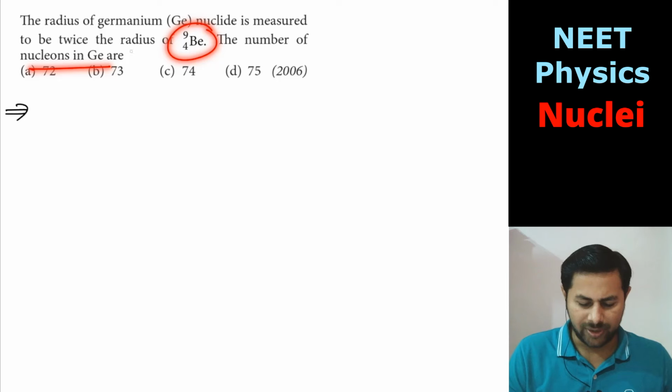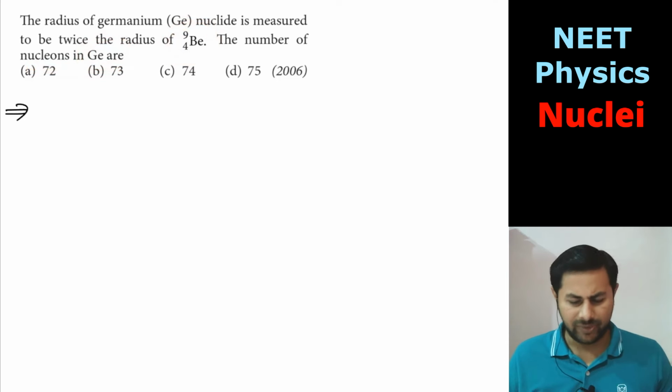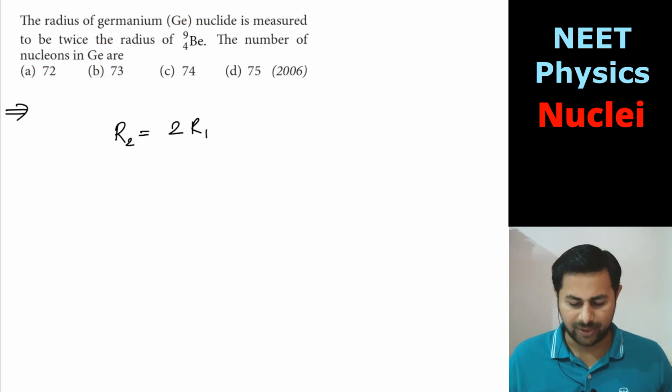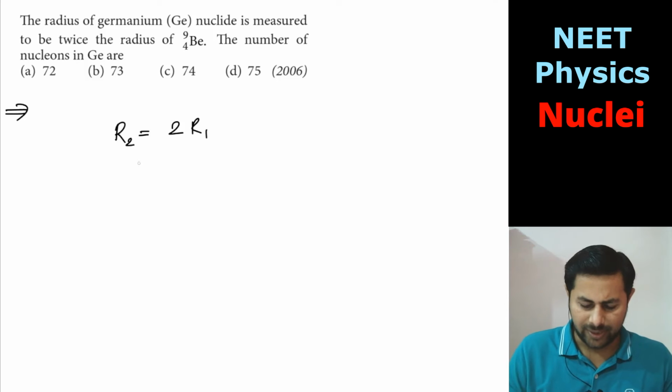The number of nucleons in germanium are, tell me. So this is very simple. R2 is equal to twice of R1. This is given. So R2 can be written as R naught A2 raised to 1 by 3.